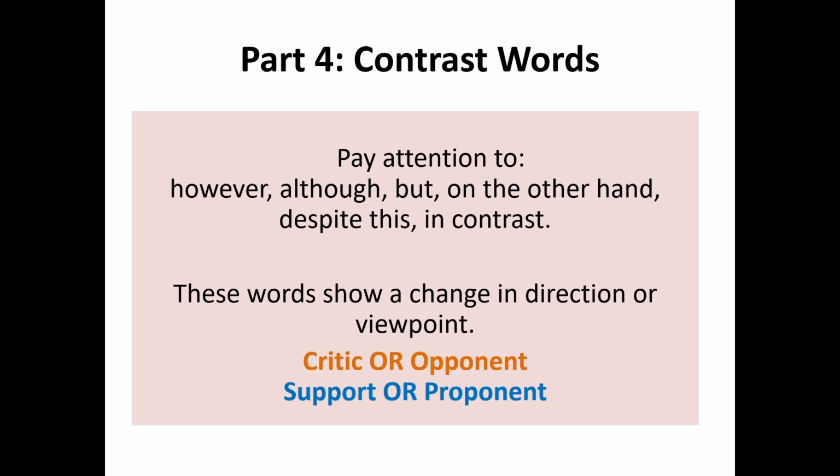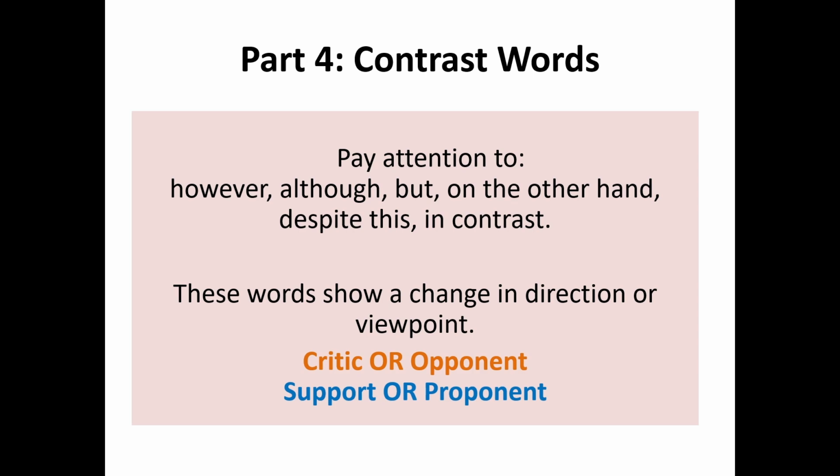In part 4, contrast words are extremely important. Words like however, although, but, on the other hand, despite this, and in contrast, usually show a change in direction. For example, the writer may first explain a positive point and then use however to introduce a problem.